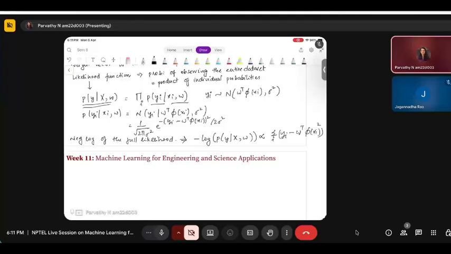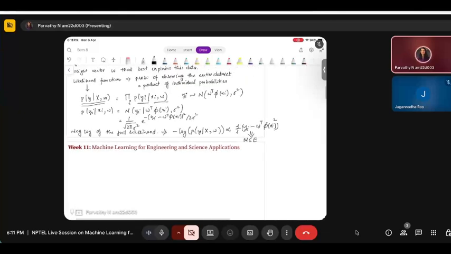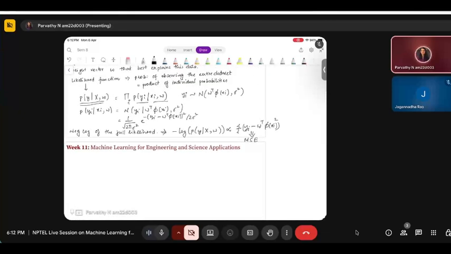That is, this is the mean square error. So minimizing this mean square error is equal to maximizing the likelihood, or it is a maximum likelihood estimation under the Gaussian noise model.